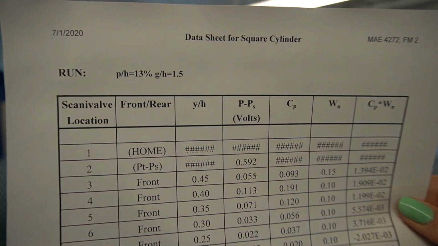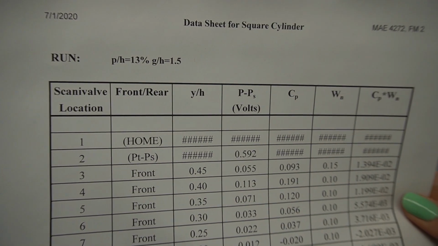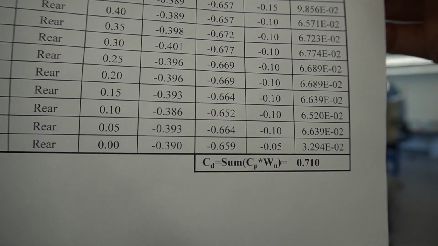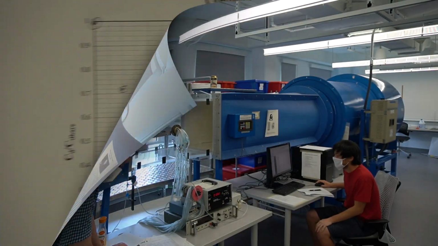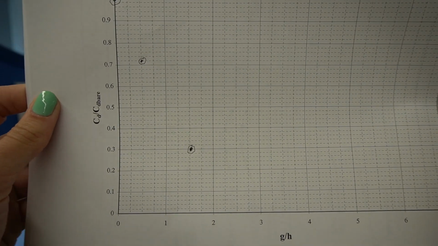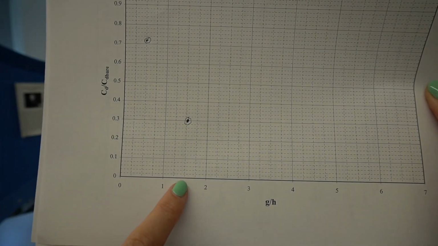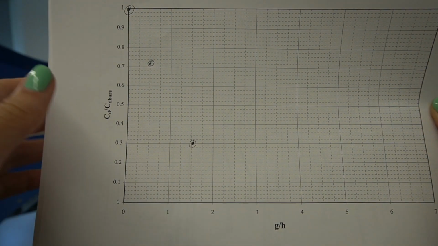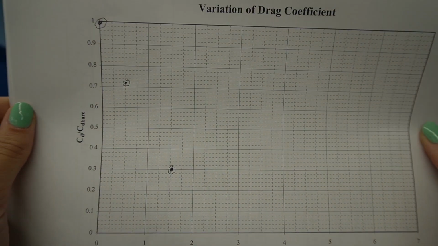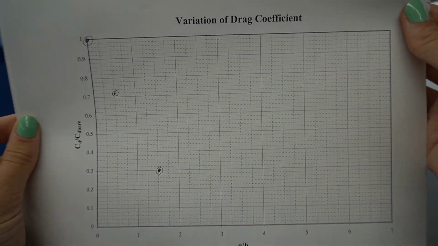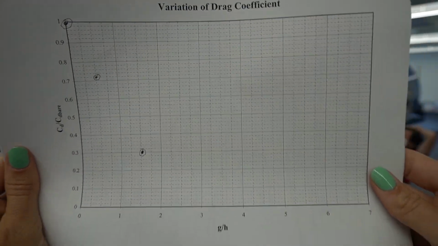For P over H of 13% and G over H of 1.5, CD is equal to 0.71. Nice. So you can see by the addition of the 13% plate at a G over H of 1.5, CD over CD bare is 0.3, which means we've managed to reduce the drag over the bare cylinder by 70%.